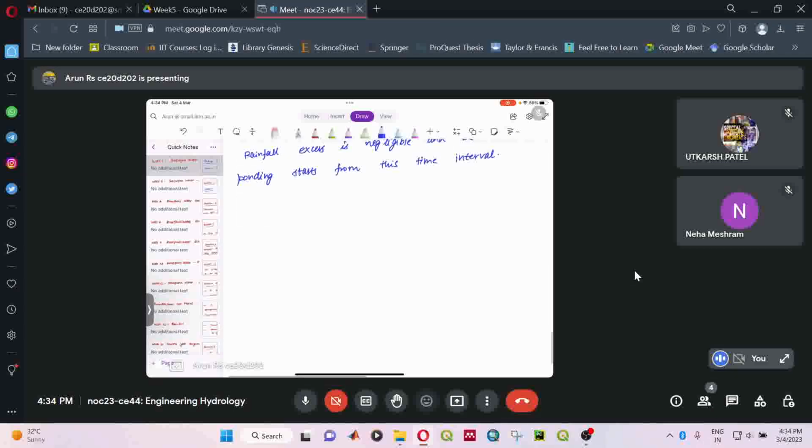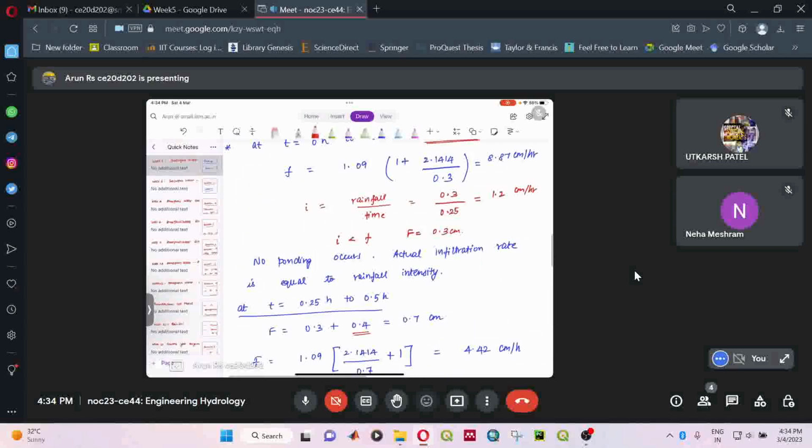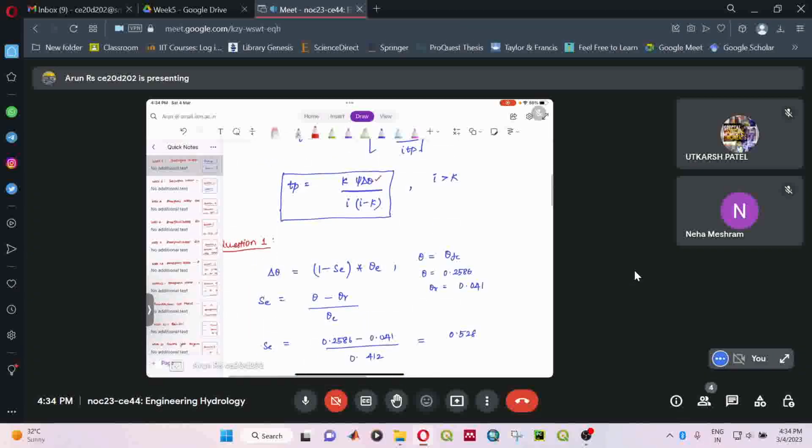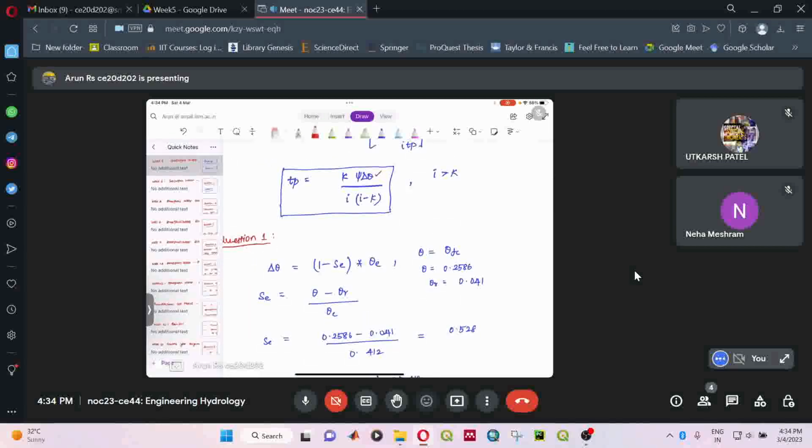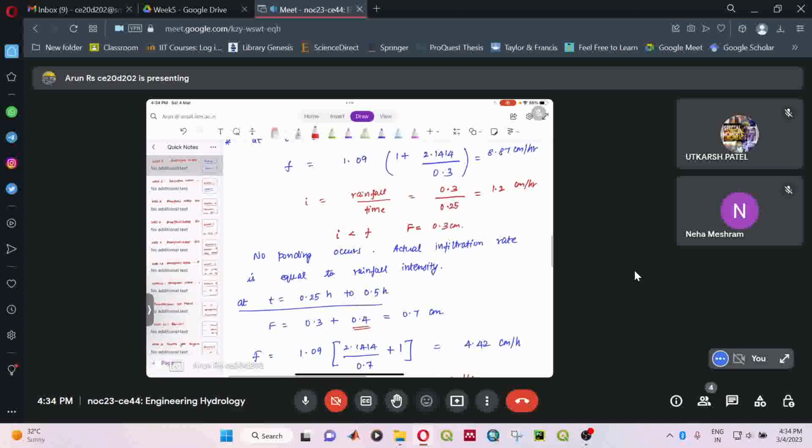So we can also estimate the ponding time in this case. Ponding time is given by the Mein and Larson equation, that is, k psi delta theta divided by I into (I minus k).